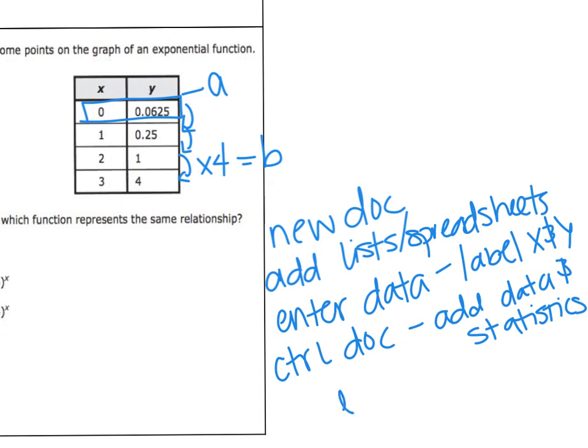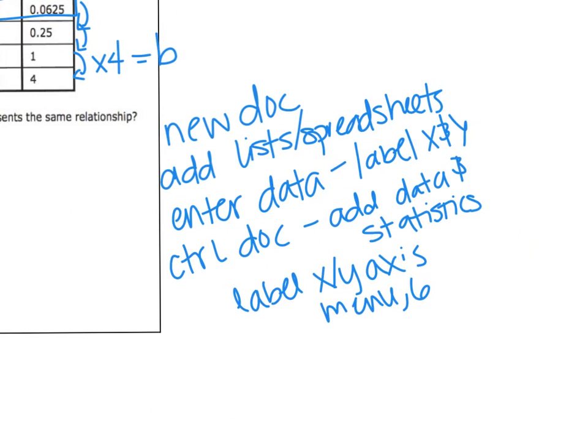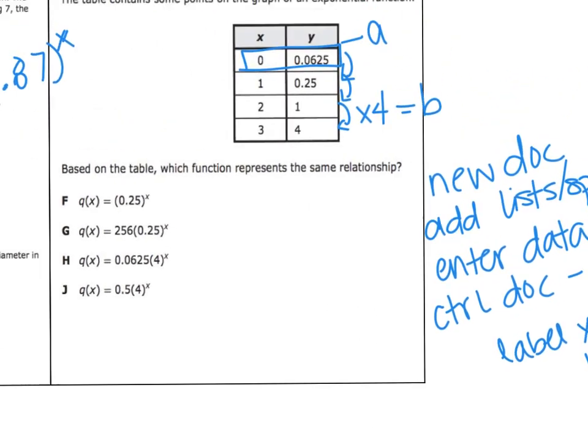Label the X and Y axis. Then press menu, 4 for analyze, 6 for regression, and this is an exponential, so we'll then click 8. From there, it will actually tell you the equation.